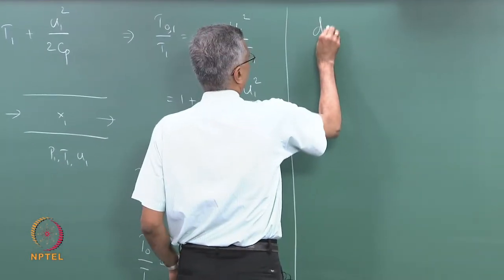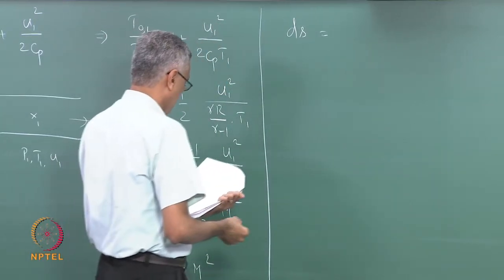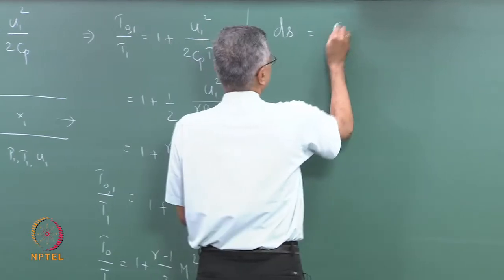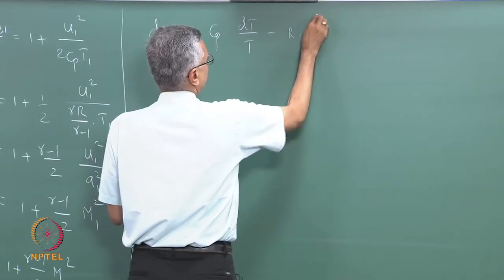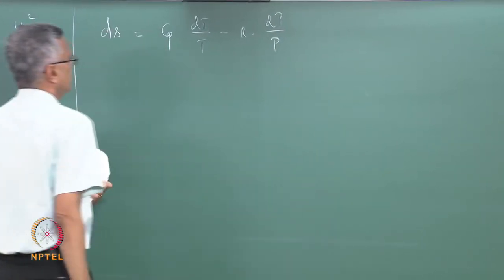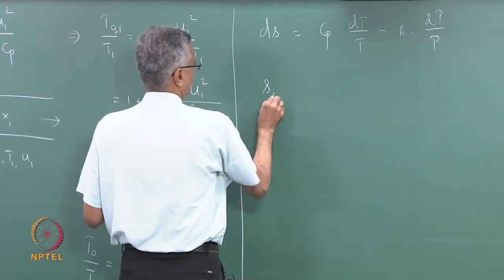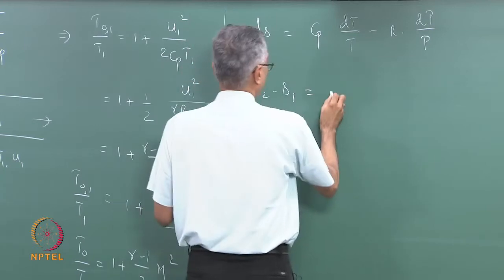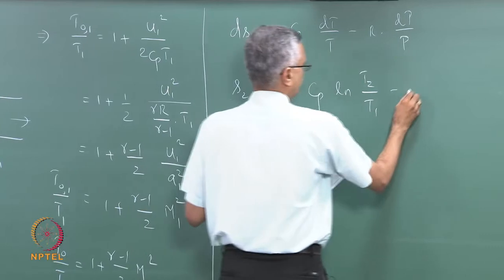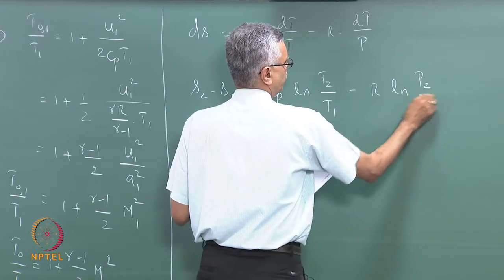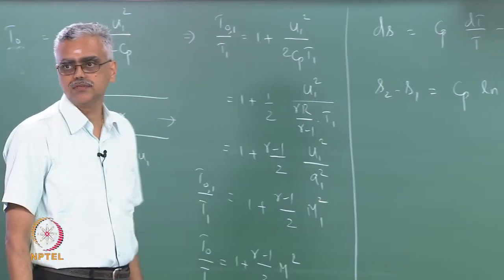If you remember, we said that the change in entropy is equal to Cp times dT over T minus R times dP over P. If you integrate this, we showed that S2 minus S1 was equal to Cp times natural log T2 over T1 minus R natural log P2 over P1. This was the entropy change between any two states 1 and 2.